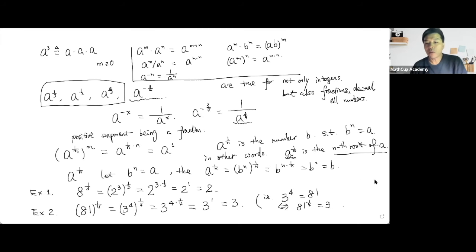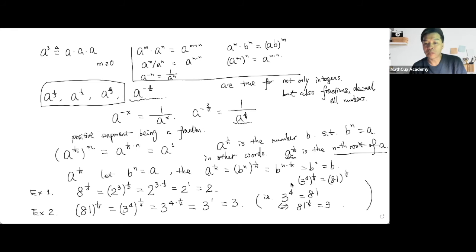Another way to think about it is from the equation point of view. When you have the equation 3 to the 4 equals 81, we know that as long as we do the same action on both sides, the equation still holds. So if I do the action of raising each number to the power 1/4, this is still going to be satisfied.